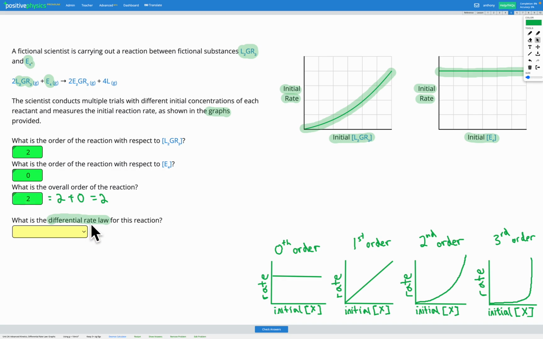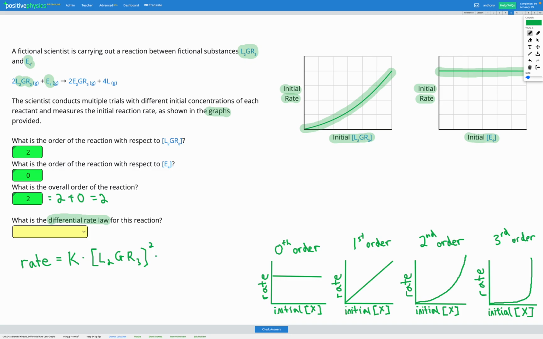And finally, figuring out our differential rate law, same as always. Our rate is equal to K, which is a constant, multiplied by the concentration of our first reactant, which is L2GR3, to the power of its order, which is 2.